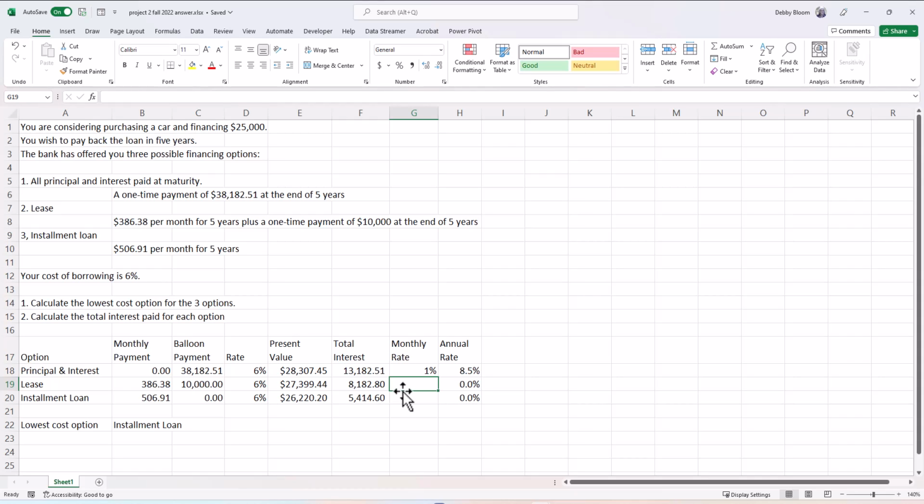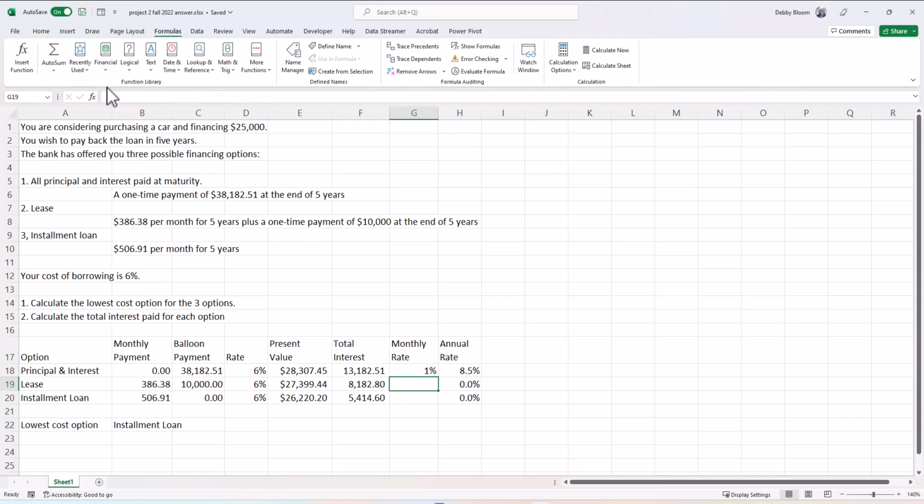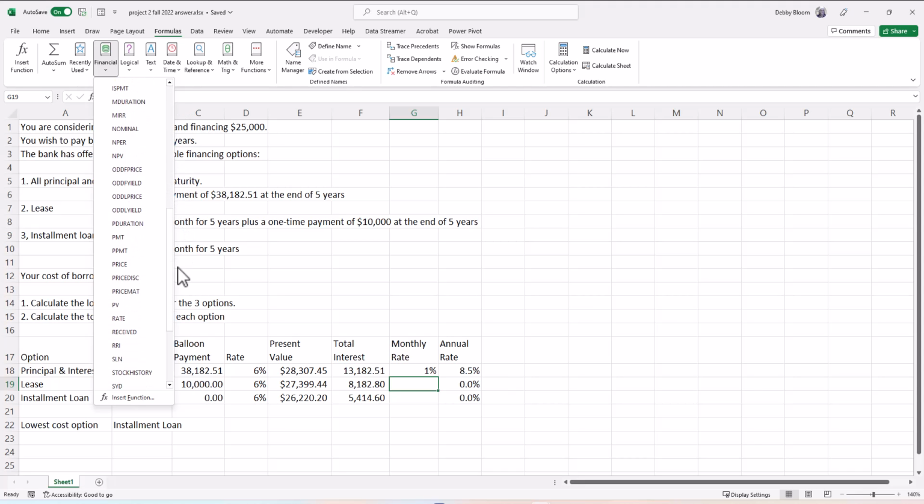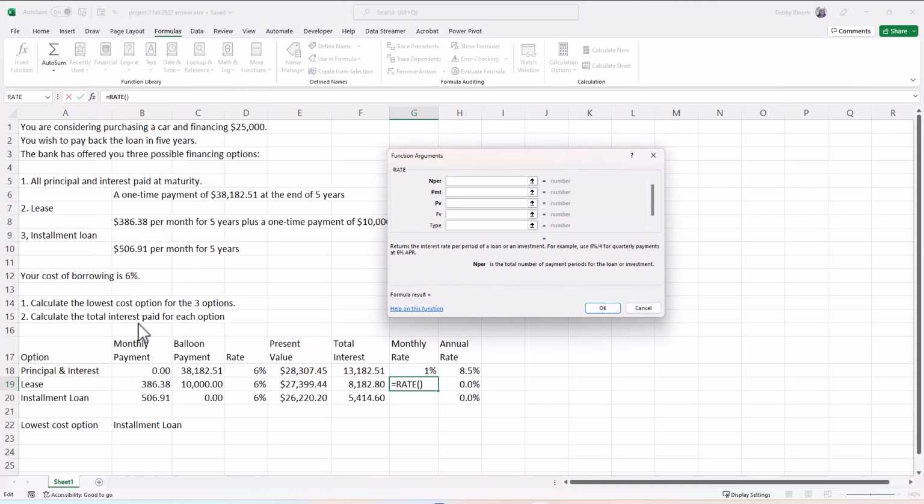We're going to do the same thing for the lease. So formulas, financial, and rate. So the second one, our NPER is also 5 times 12, or 60 payments. In our lease, we are making 60 payments of $386.38, so a negative $386.38 in the PMT.